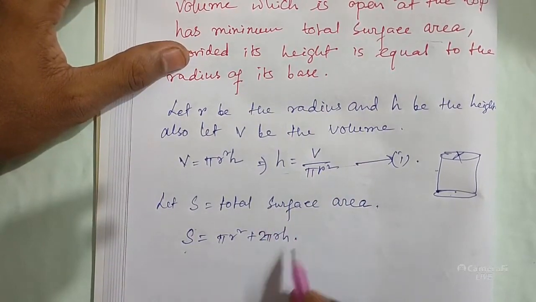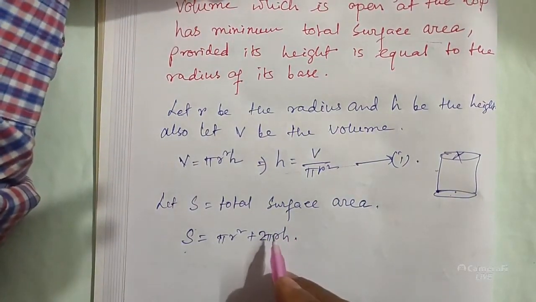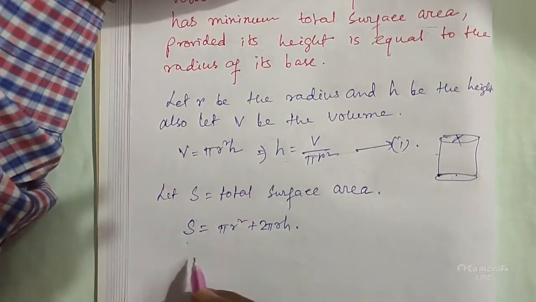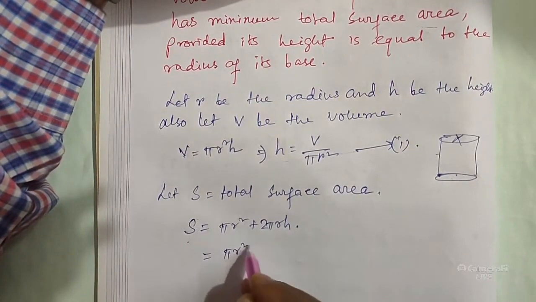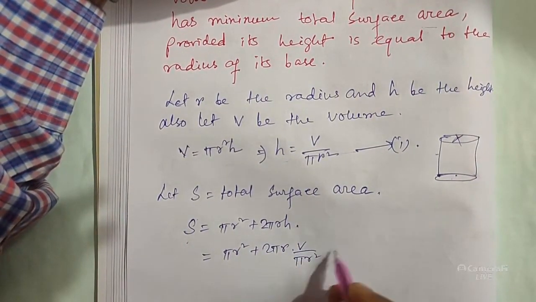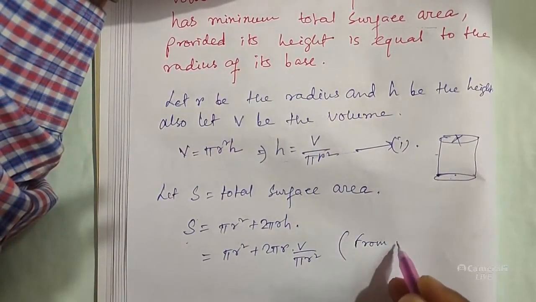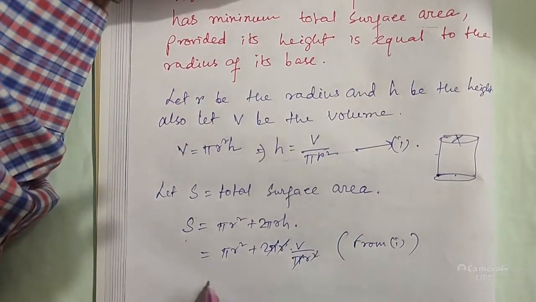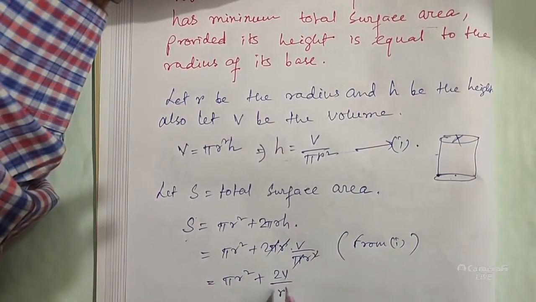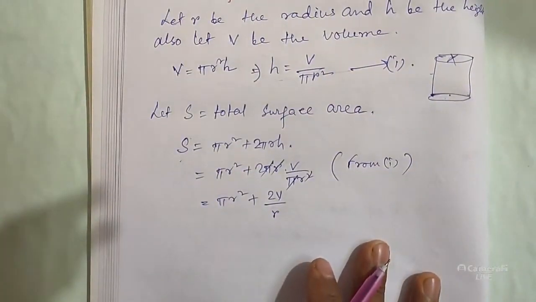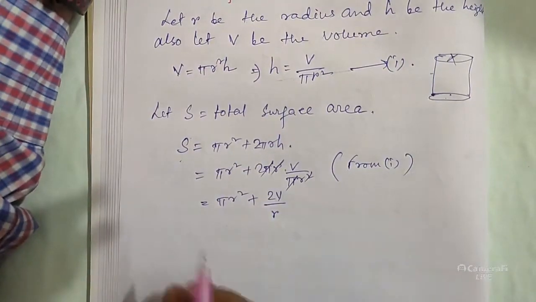So better to replace h. This gives us pi r square plus 2 pi r into V by pi r square, from 1. Pi cancels, one r cancels, that is pi r square plus 2V by r. This is the value of S. So this we have to differentiate.